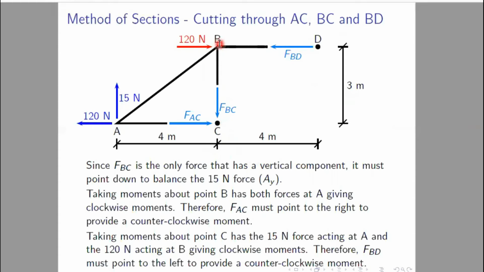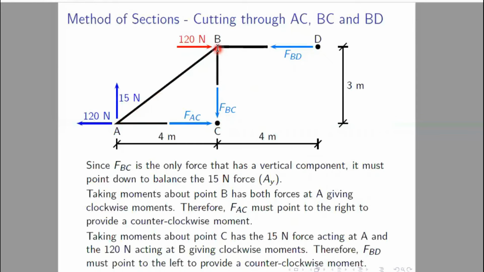We took moment about B in order to find the member force FAC. But we have not chosen point A, because at point C two forces go through that particular point, so there will be only one unknown force.